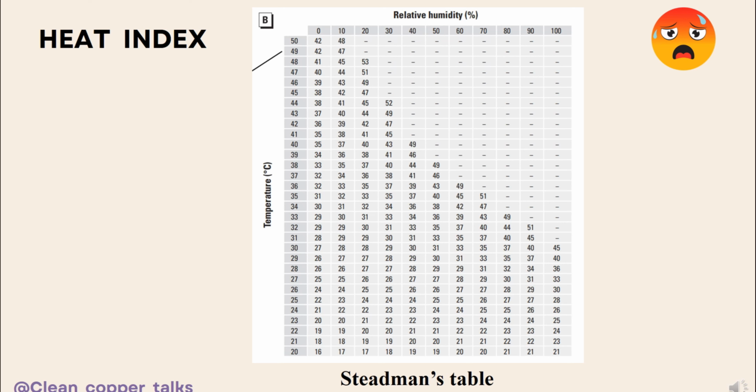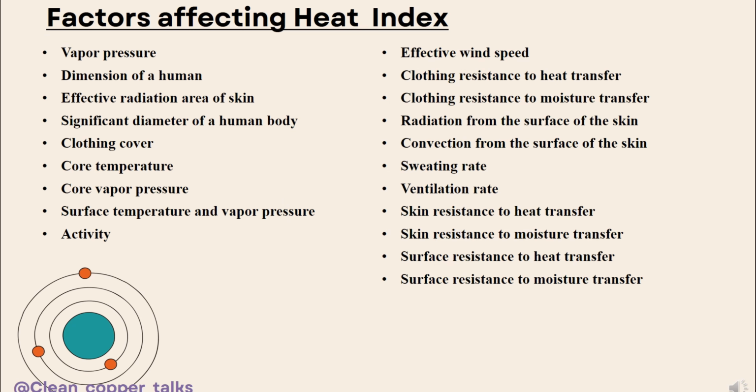Now the factors which affect heat index are these many. You can pause the video and read each factor, but if you consider each factor to be accounted in an equation to calculate heat index, then that equation will become very complex.